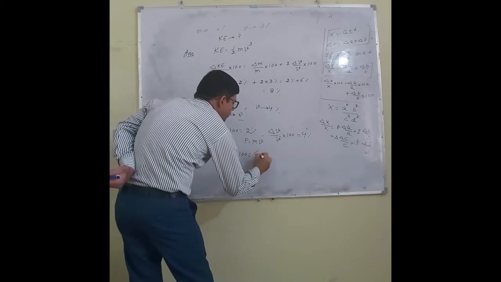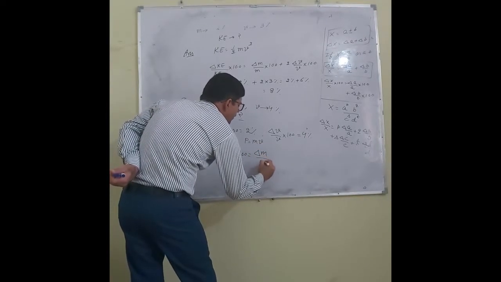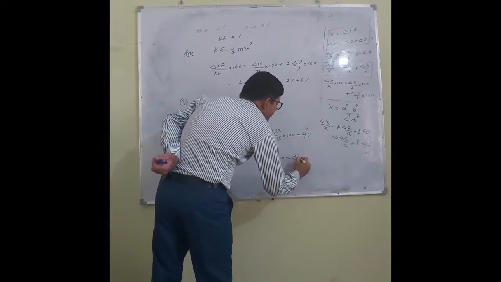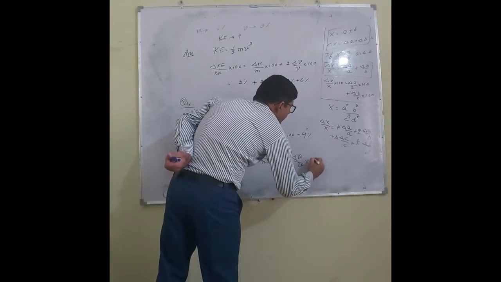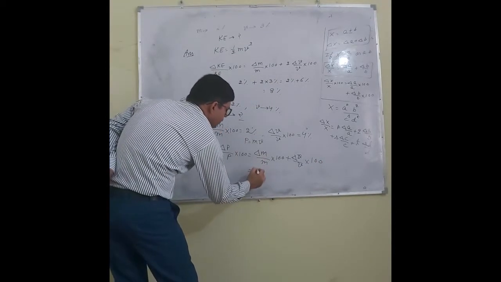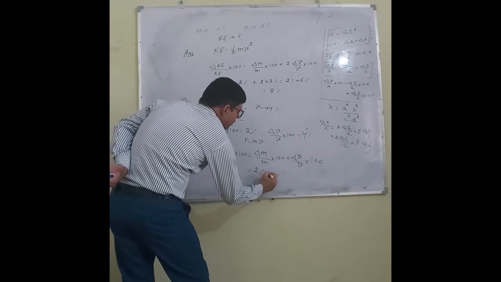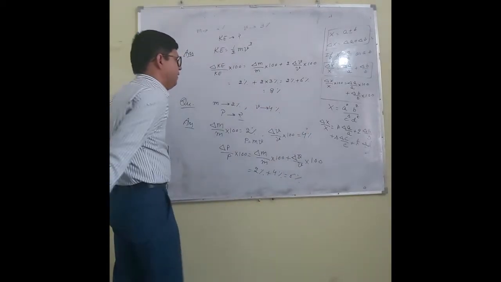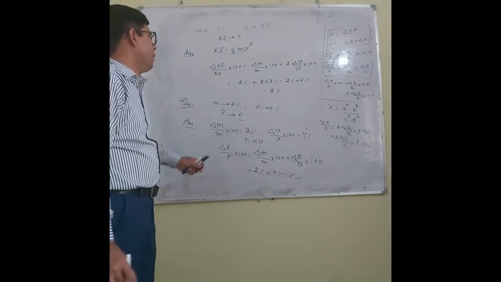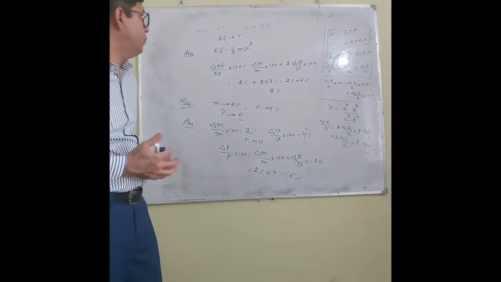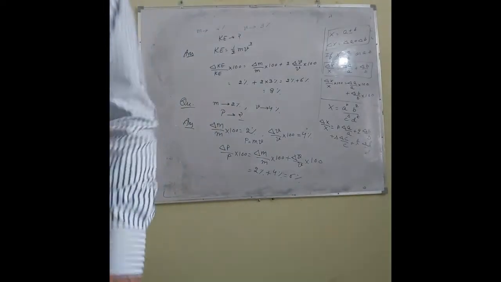So it is delta m over m multiplied by 100 plus delta v over v multiplied with 100. So how much is this? This is 2% plus 4%, it is 6%. So 6% in measuring momentum. Right?